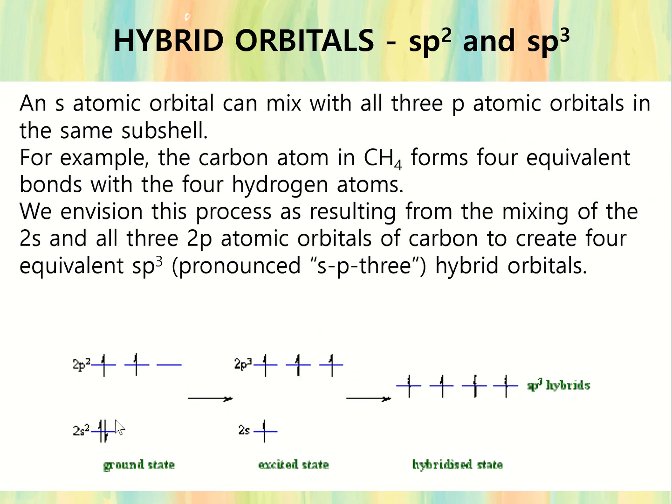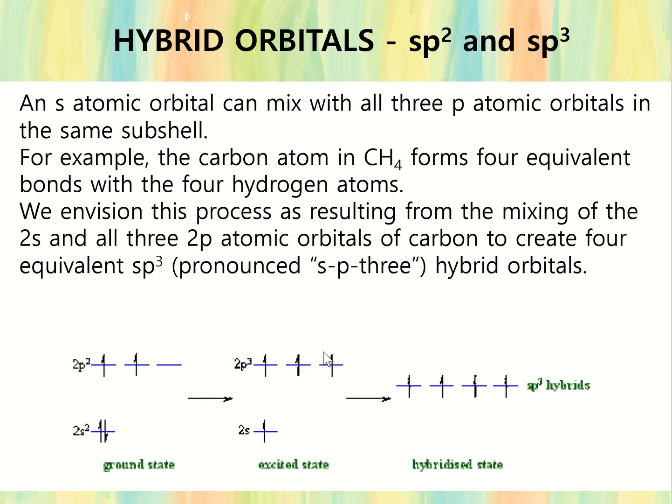One of these electrons becomes promoted or excited to the vacant 2p subshell, right? This is the excited state of carbon when we have promotion of one of these electrons to a vacant 2p subshell here.